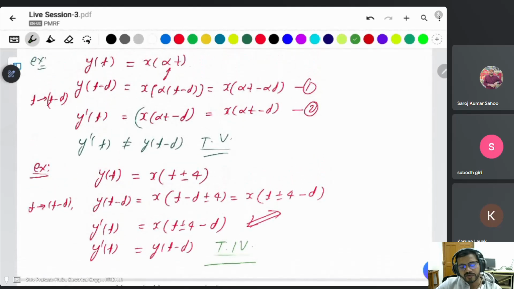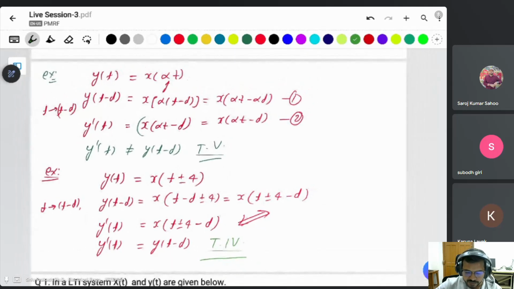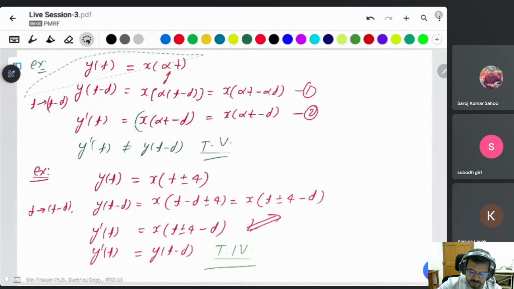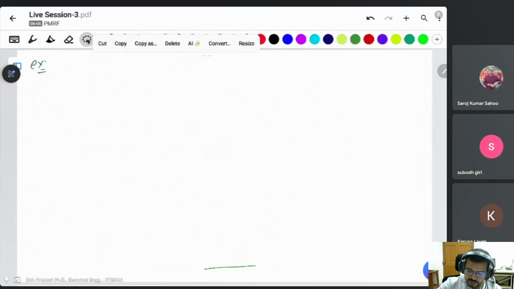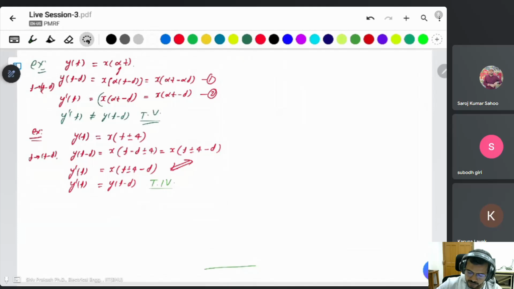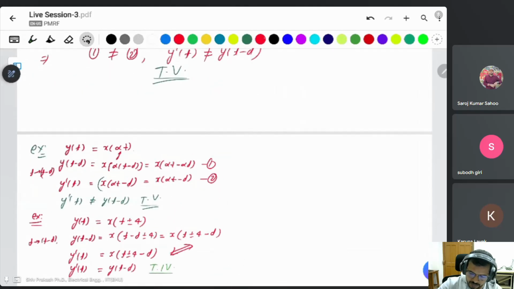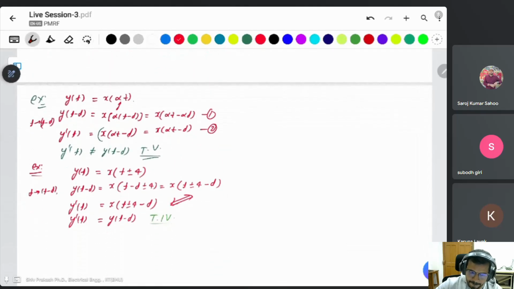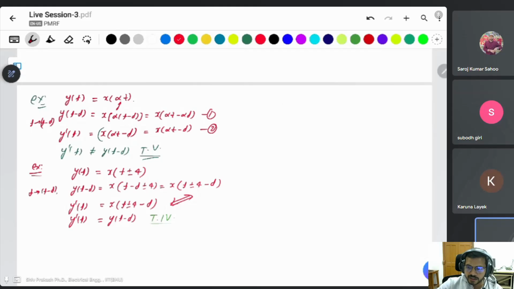This type of system is valid in LTI systems also. All the operators, like adder, subtractor, differentiator, summation, integrator, all of these are time invariant systems.